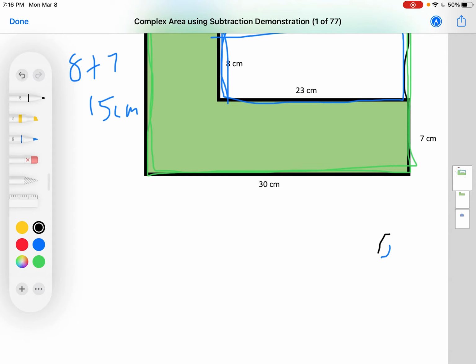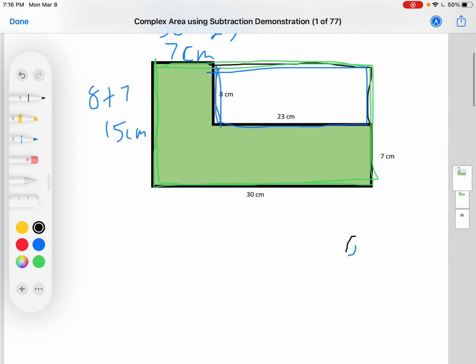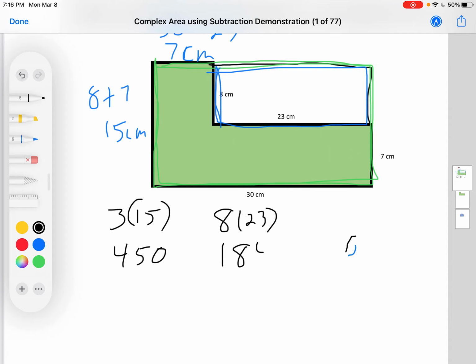First, this big rectangle is 30 times 15, which is 450 square centimeters. The small rectangle is 8 times 23, in each case length times width. 8 times 23 is 160 plus 24 is 184.